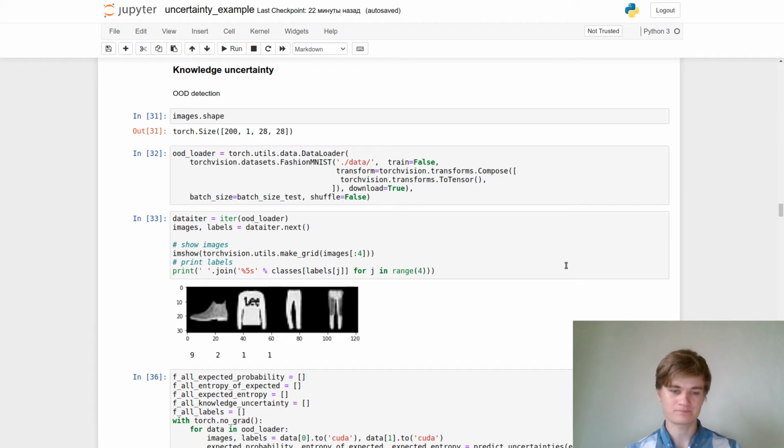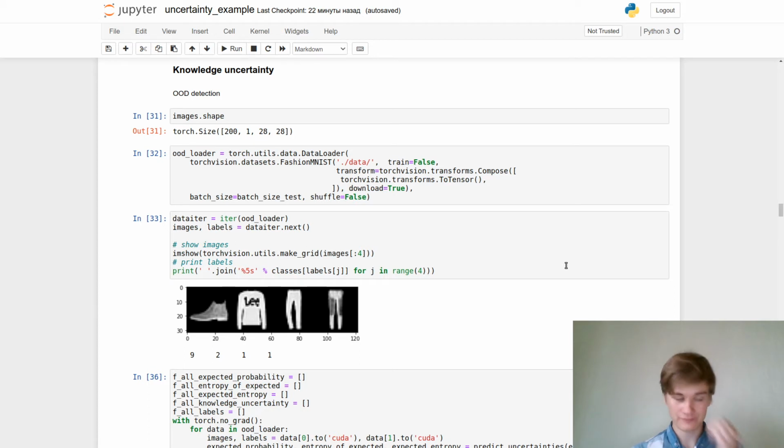And the data uncertainty can also be quite big in out of domain examples, but it is also big when the choice is hard, when you should for example divide some class overlap or something like this.